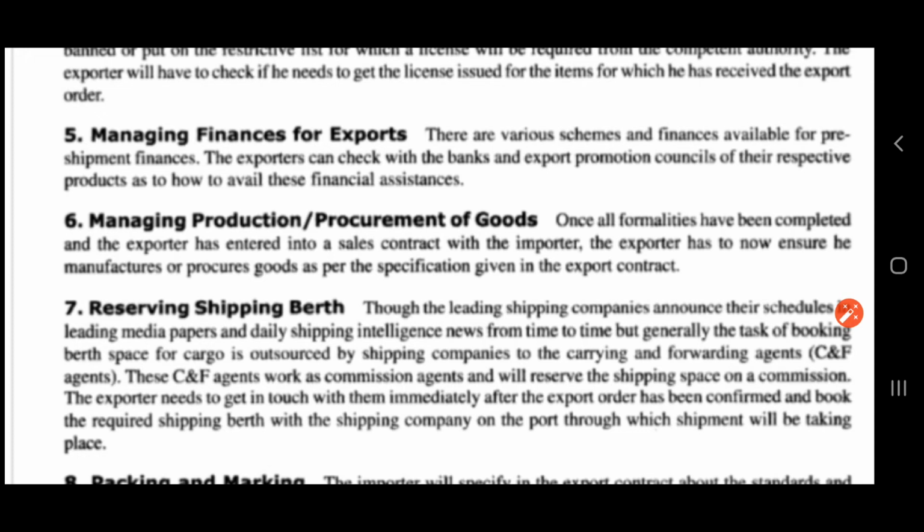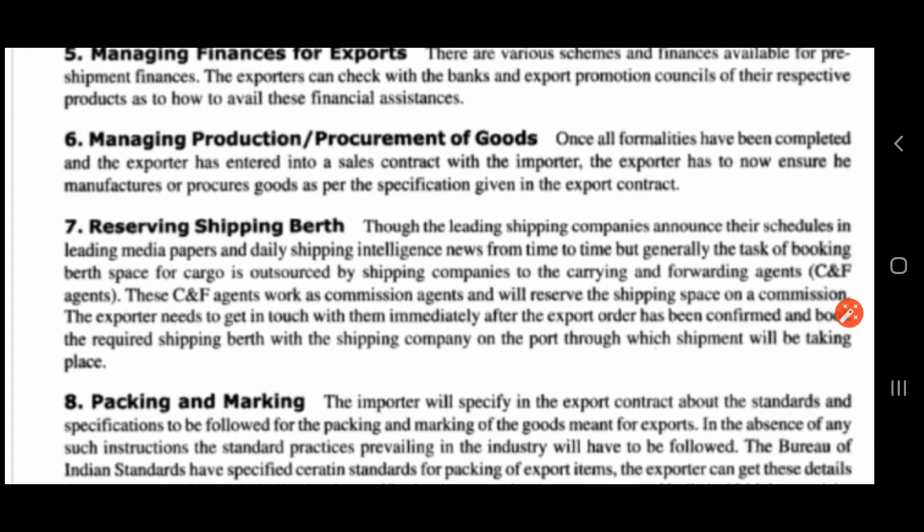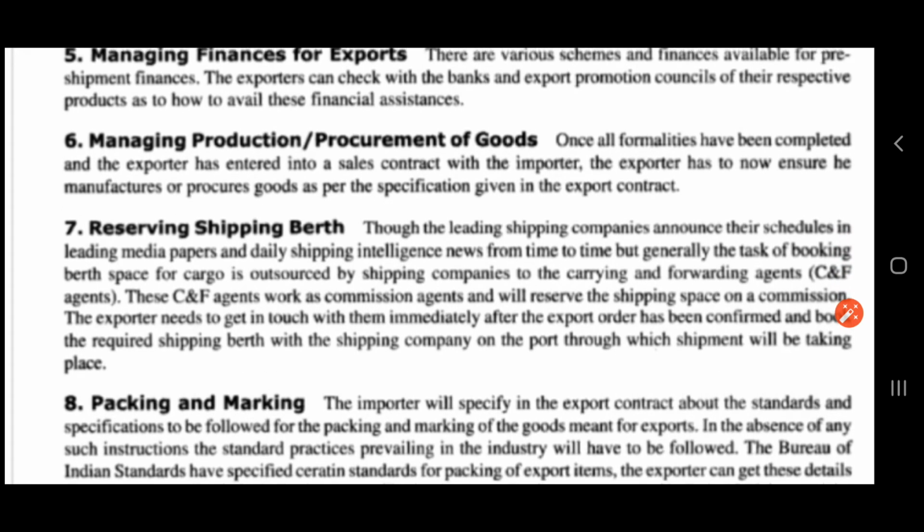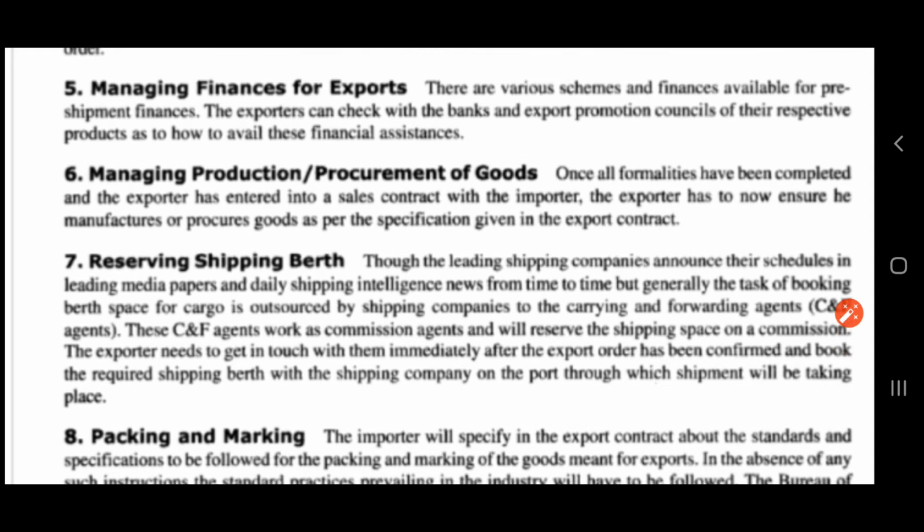So the exporter should know in advance if such kind of assistance is available from the government. The information can be got from trade promotional councils, usually, because they deal with all these kinds of details.